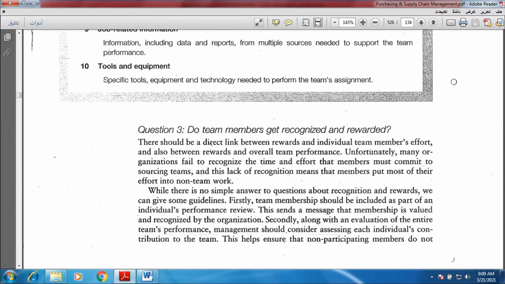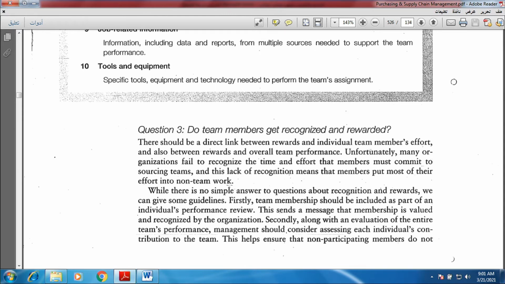Moving to question number 3: do team members get recognized and rewarded? The rewarding system for the individuals, because of the effort, work, and performance of the team as one group, gives recognition and enthusiasm to the team members, making everybody happy and wanting to give more effort.